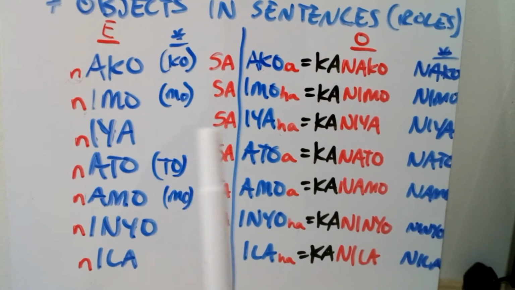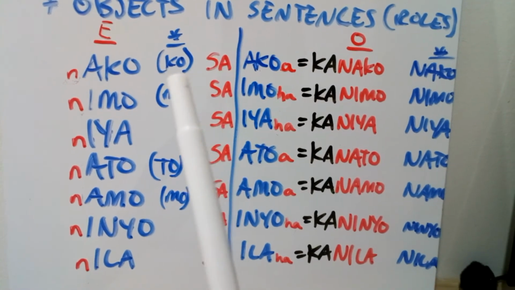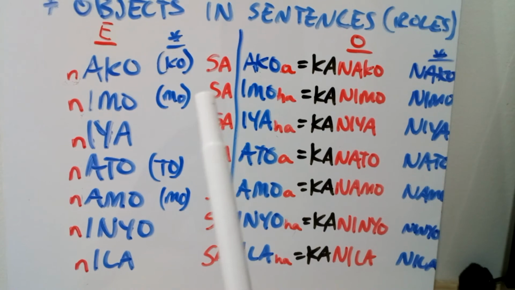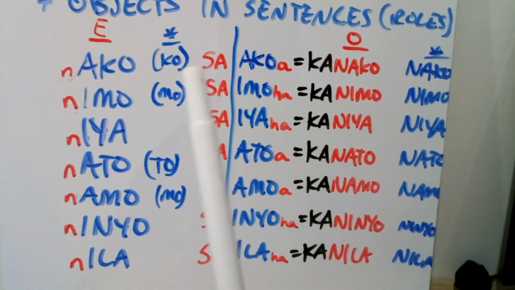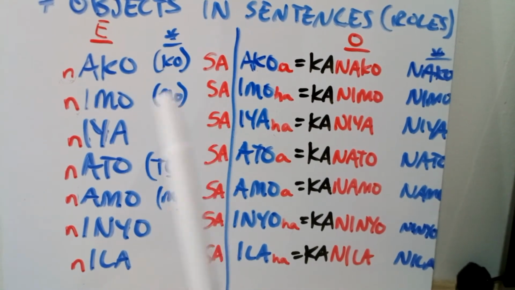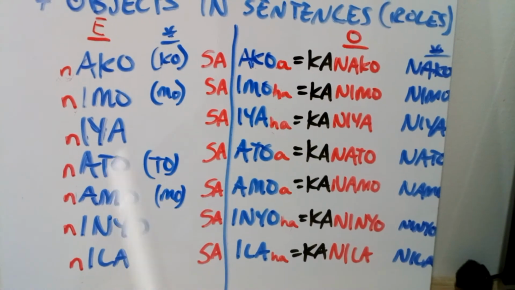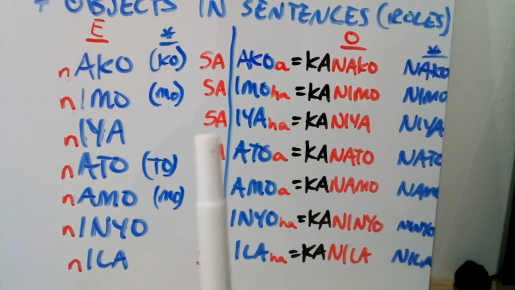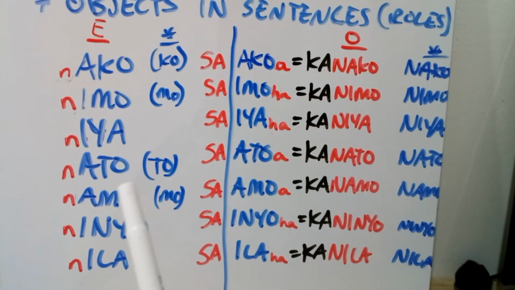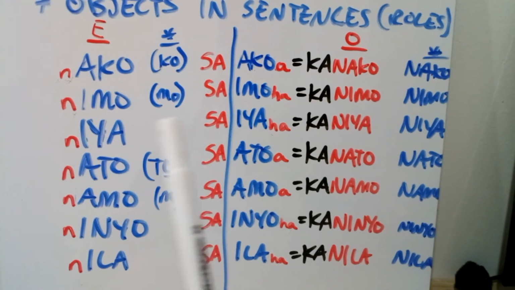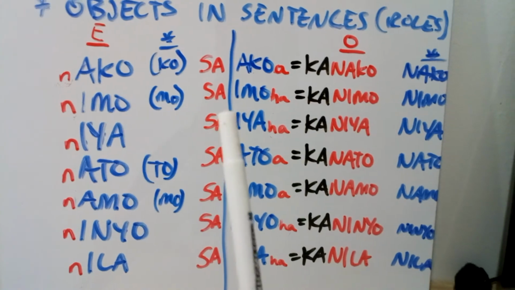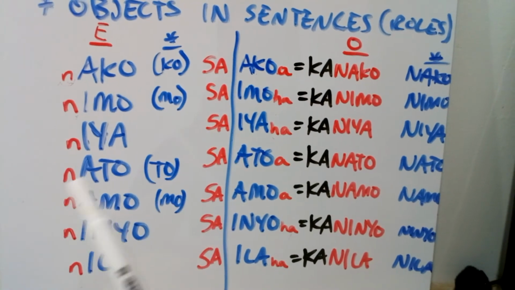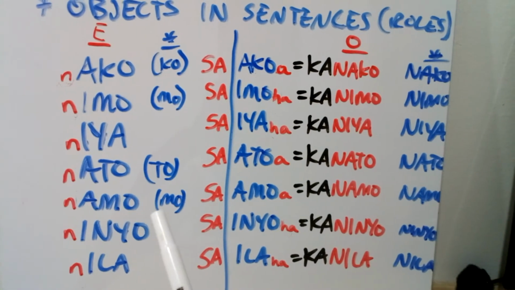Speakers love to use the shortened forms, especially with the first and second person singular. Nako and nimo get shortened to ko and mo, or second person plural, sorry, namo to mo. Speakers love to shorten those.